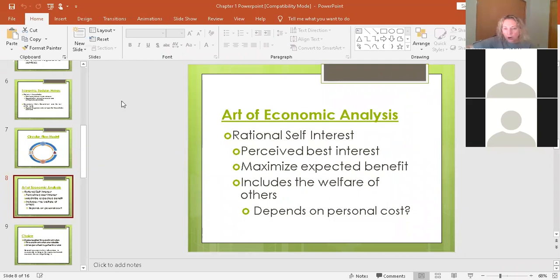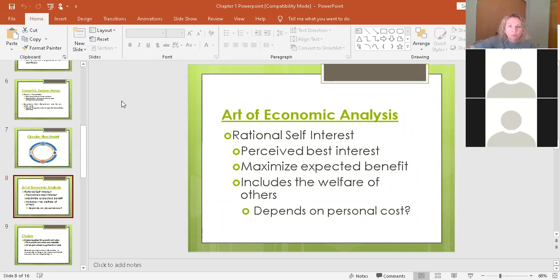So now we get into the art and science of economic analysis, which is what the chapter is called, okay? So the thing you have to keep in mind about economics is it's a social science. It's a study of behavior, human behavior. Hard to predict, sometimes hard to analyze.